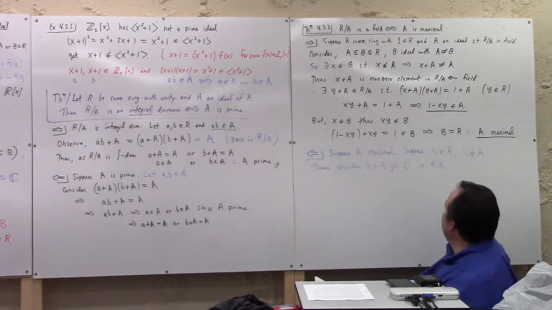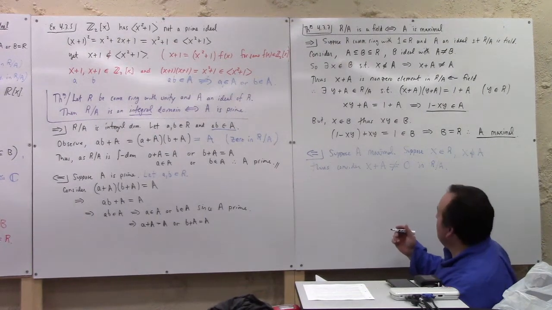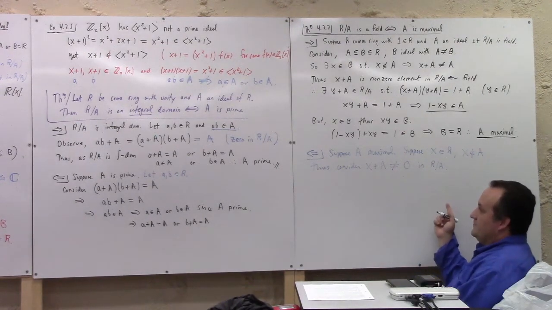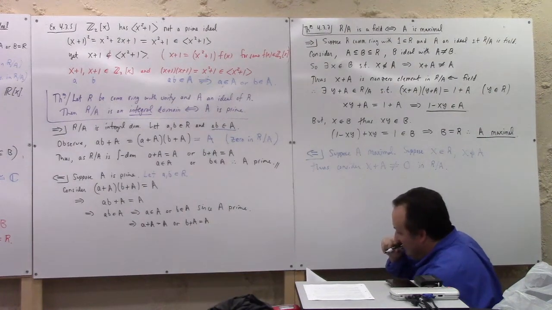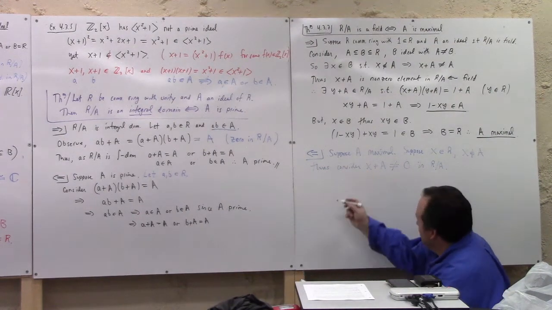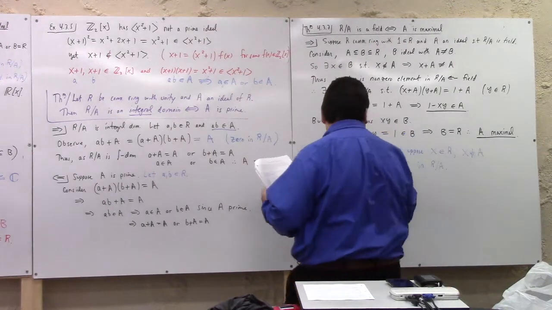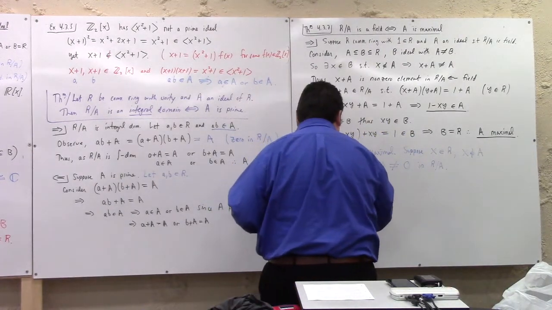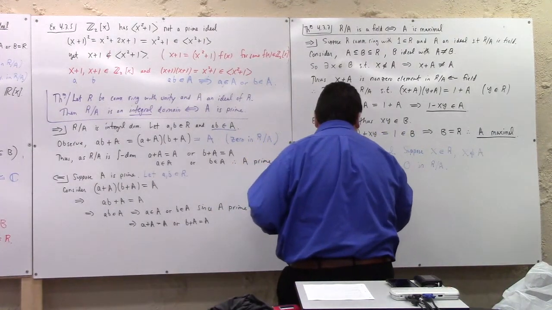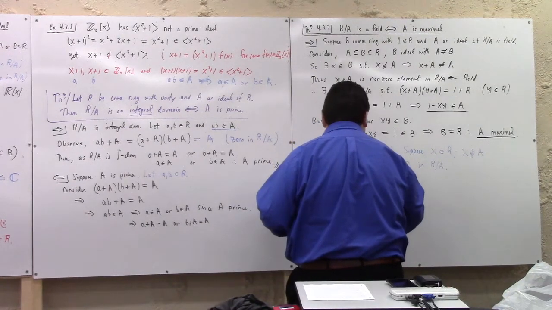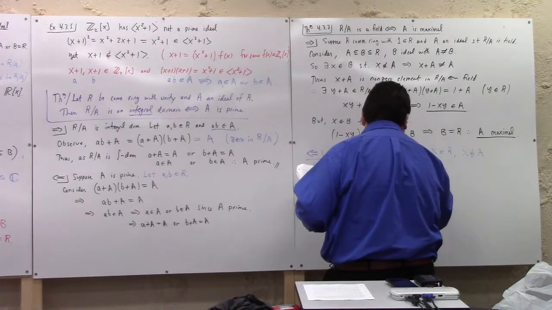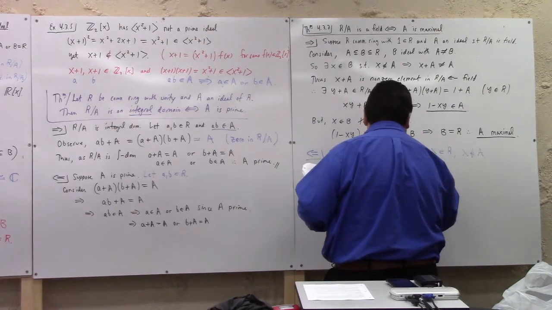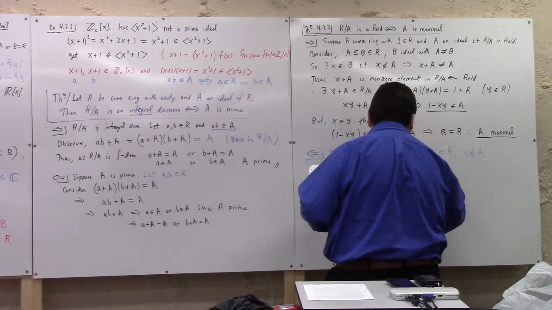Okay, so actually, all right, fine. I've already got this down here. Now, this is where it gets weird. Construct B equal to xr plus a such that r is in the ring and a is an element of A, all right?